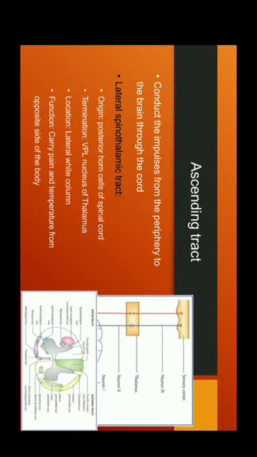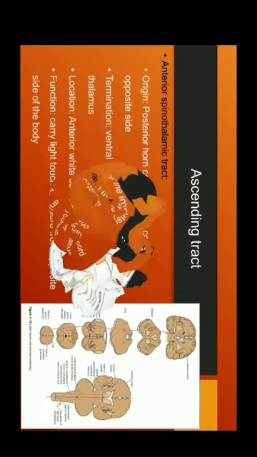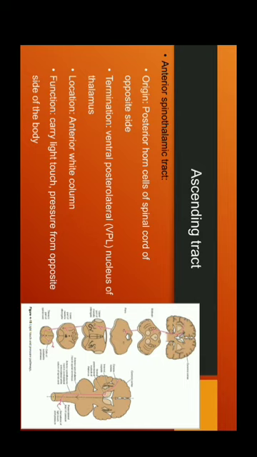Here I have mentioned the nucleus of the thalamus. The details of this nucleus we will study when we see the thalamus. It's the ventro-posterolateral nucleus, VPL, of the thalamus. So these are the two ascending tracts, anterior spinothalamic and lateral spinothalamic.